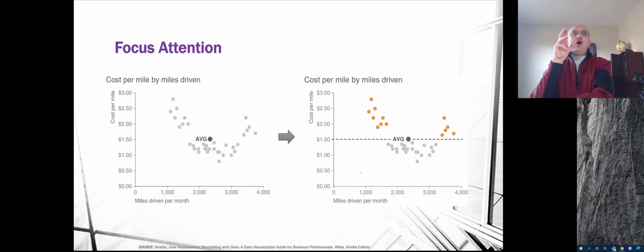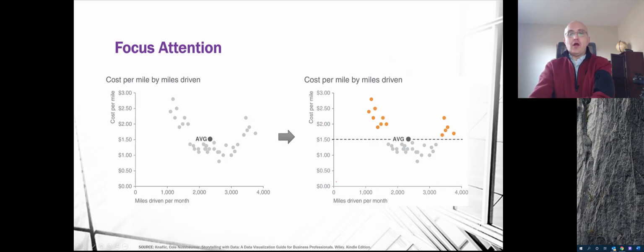Notice how the viz on the left here, it's all gray. Your eye doesn't get attracted anywhere. The viz on the right, the color kind of captures our eye. That orange stands out. So then I'd ask you to pause and think, what's that orange color emphasizing?